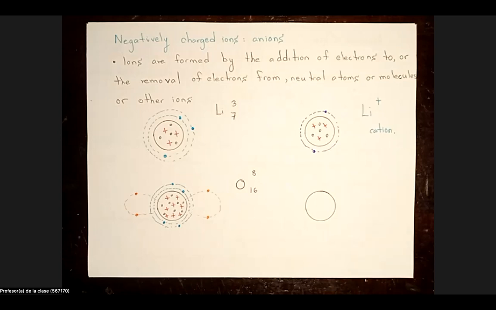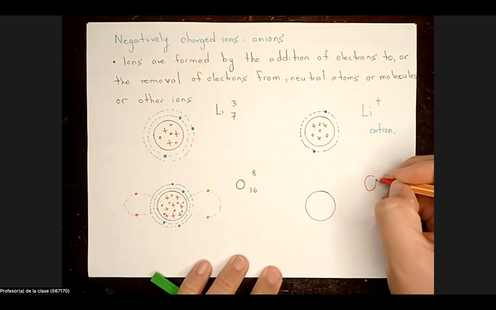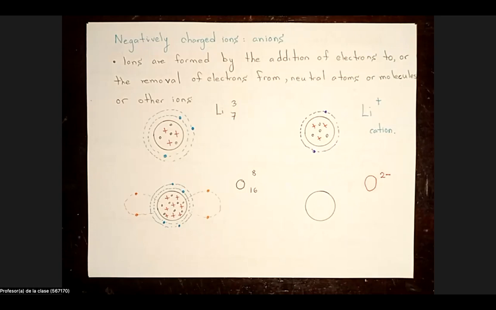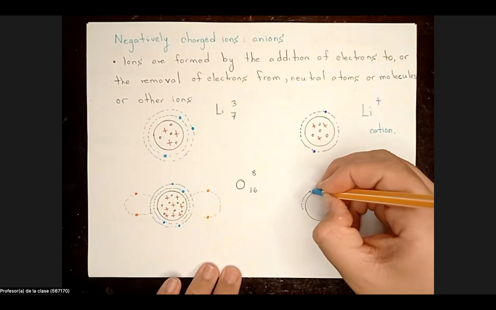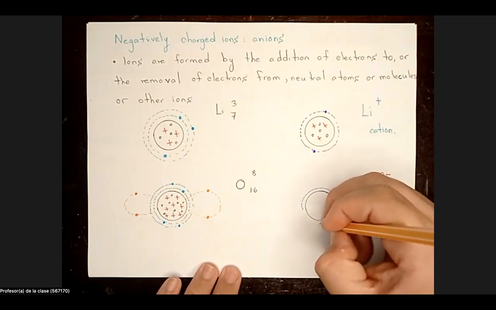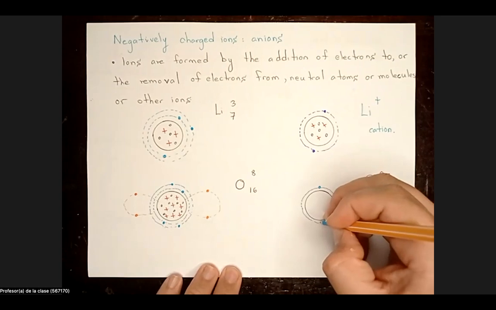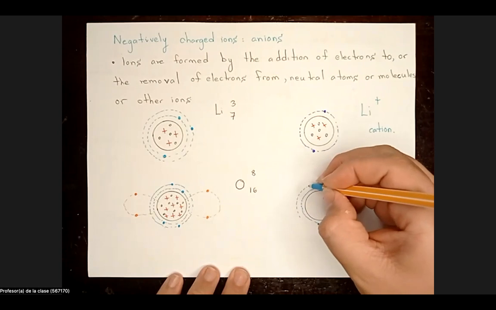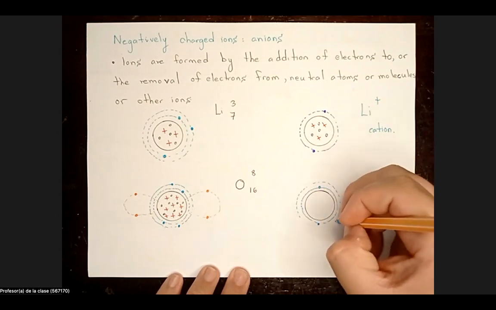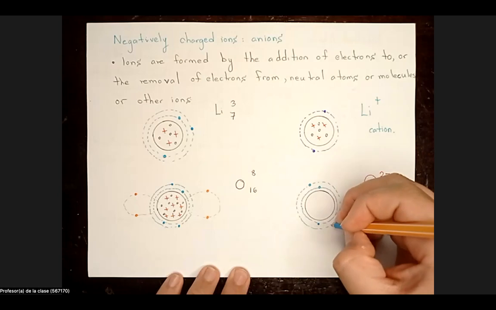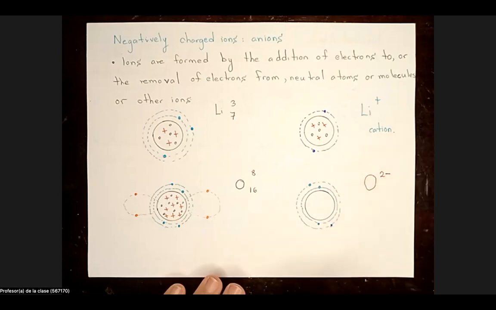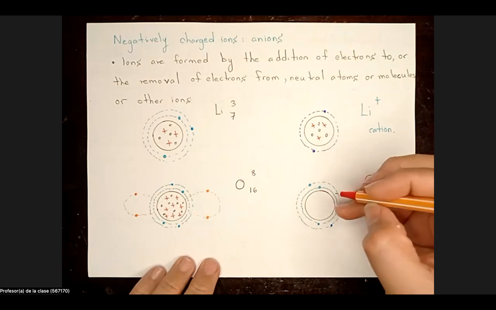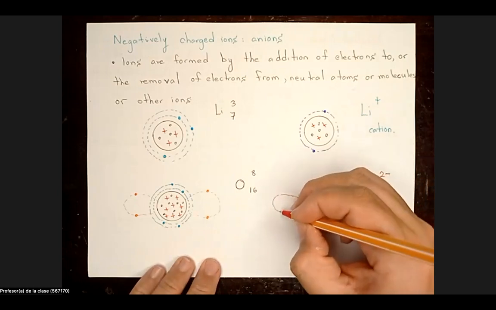To form a negative ion, in this case -2, for example, we need to draw 2 electrons on the first energy level, 2 more on the second level, and aggregate 2 ribbons.